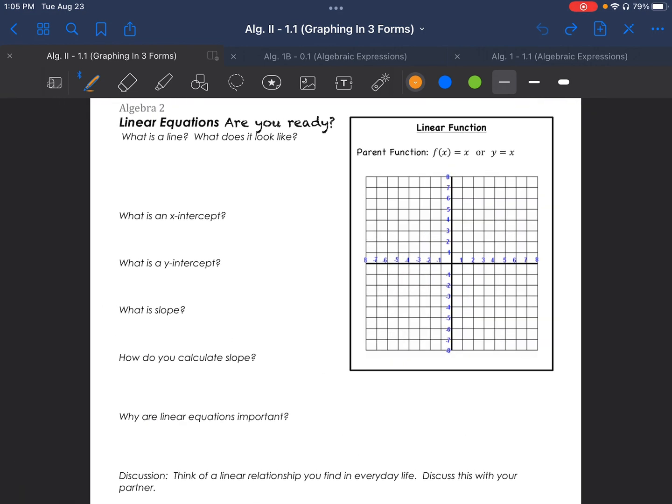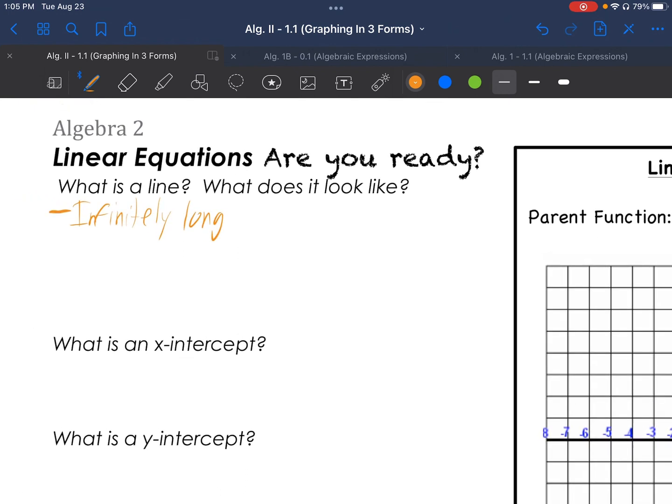So, are you ready? Okay, so what is a line? What does it look like? Some different things we know about a line: we know that it's infinitely long. We also know that it doesn't curve, aka it's straight. We know that it's drawn with arrows on each end to show that it goes on forever.